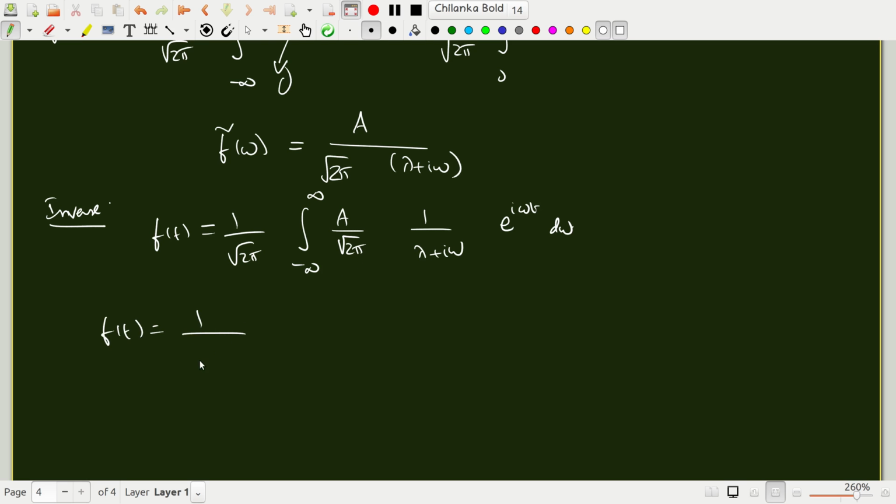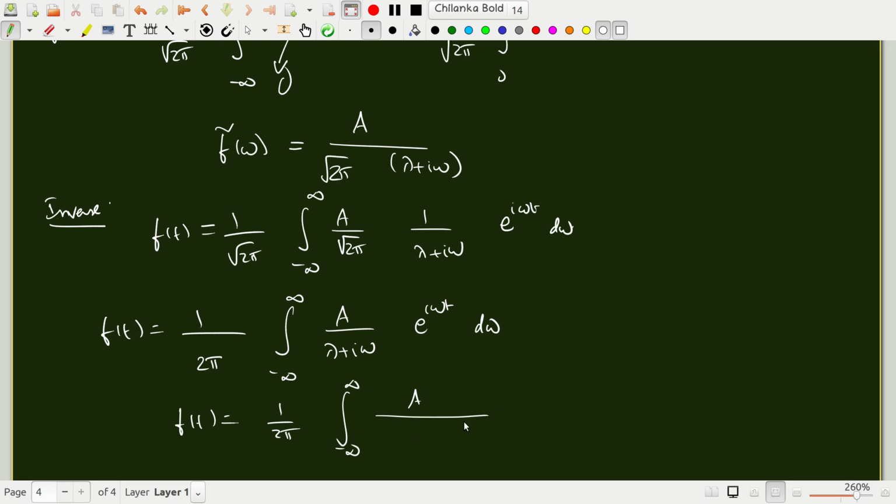Now there are two root 2 pi, so f of t is 1 by 2 pi, integral from minus infinity to infinity, a by lambda plus i omega, e to the i omega t d omega. Okay, now this appears like a complex valued integral, so we can use the residue theorem. So we'll write f of t as 1 over 2 pi integral from minus infinity to infinity of a by i times omega plus lambda by i, e to the i omega t d omega.